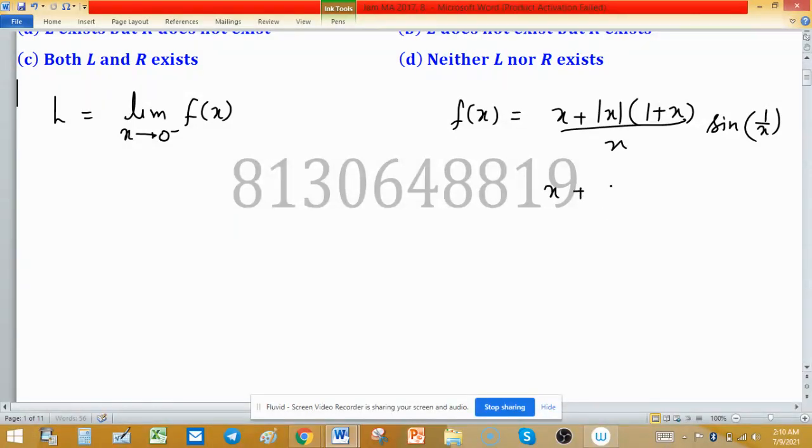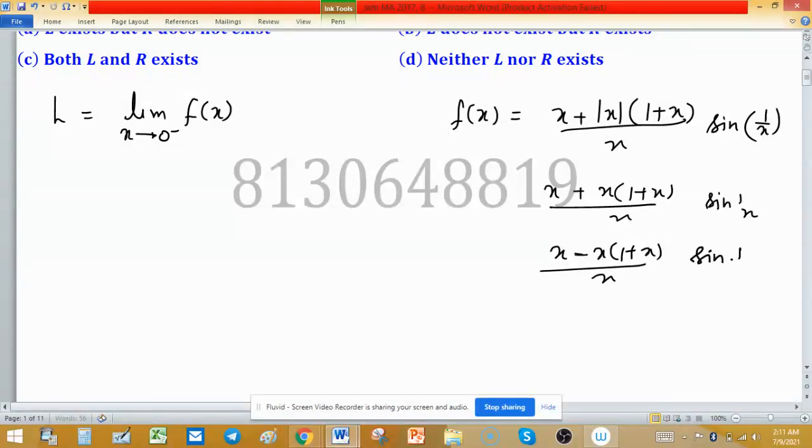When x is positive, mod x will be x, so (1 plus x) divided by x into sine 1 upon x. For negative value, mod x is minus x, (1 plus x) divided by x, sine 1 upon x. This is the structure of f(x) for x greater than 0 and for x less than 0.